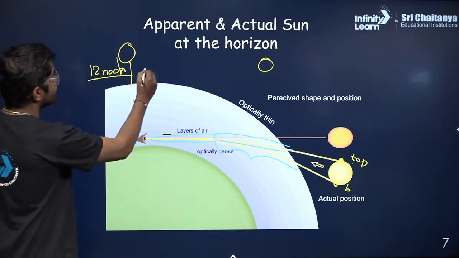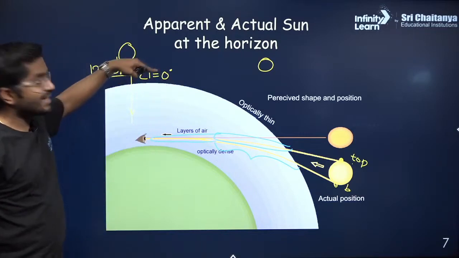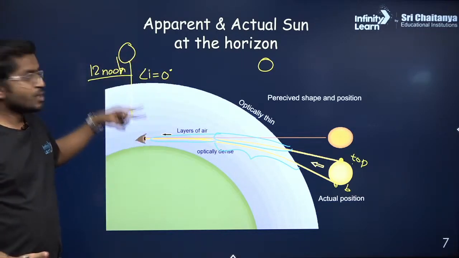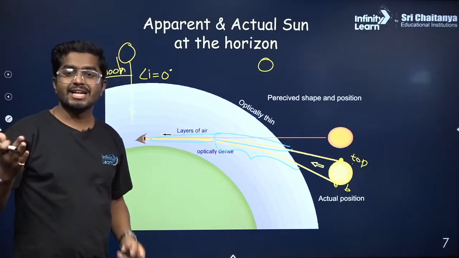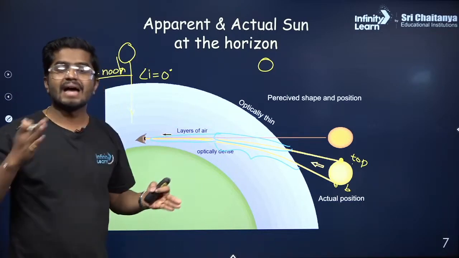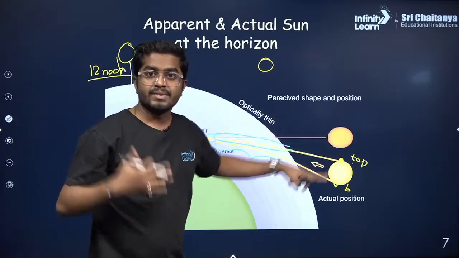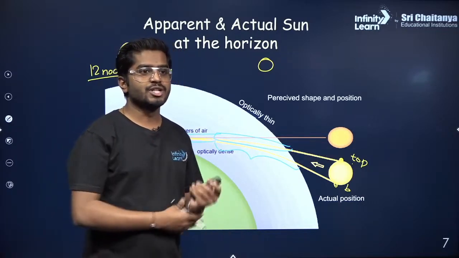The angle of incidence here, angle i, is 0 degrees. If the angle of incidence is 0 degrees, there will not be much bending. So when the sun is at noon, there won't be any shift between the real and the apparent position. But whenever the sun is near the horizon, there will be a shift between the apparent and real position.